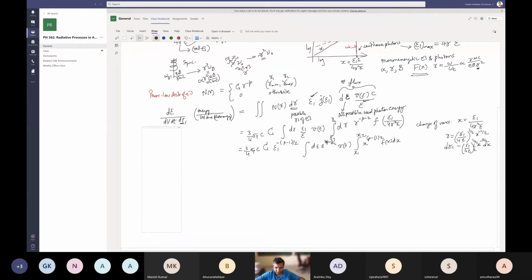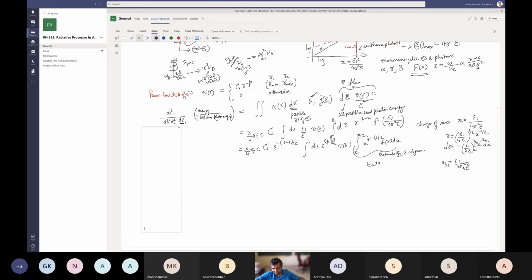So you can actually see this x1 and x2. What are x1 and x2? x1 is equal to epsilon 1 by 4 gamma 1 squared epsilon, and x2 corresponds to gamma 2. So there is a one-to-one correspondence. But this in general depends on epsilon, because there is 1 by epsilon in the limits.